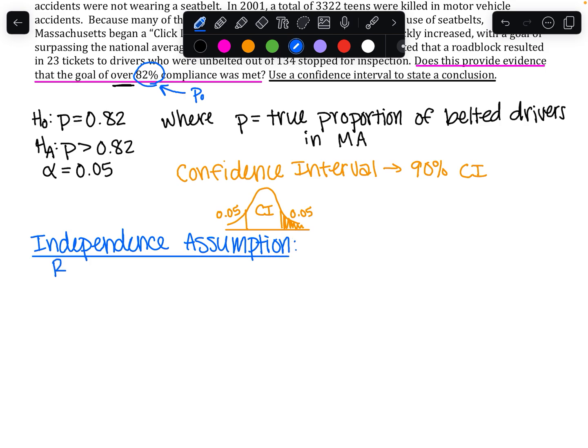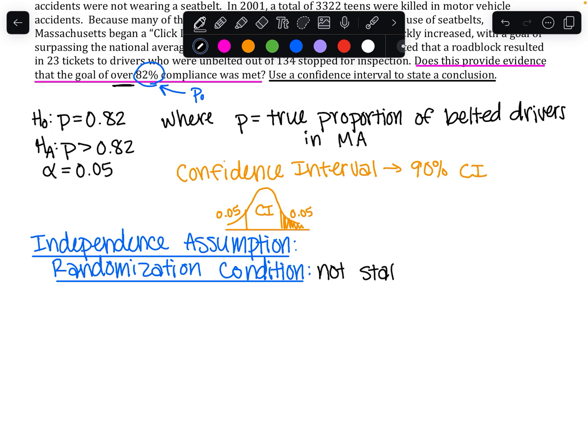And then the randomization condition. Is this a random sample? You're going to skim that paragraph and see if it says anything about this being a random sample. Does it? No, it does not.